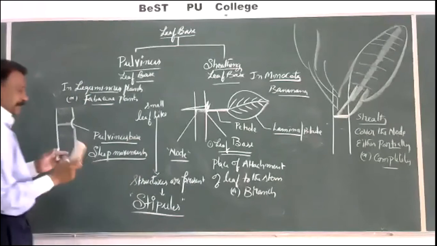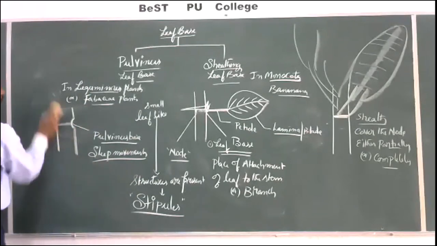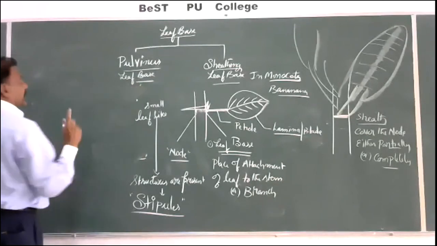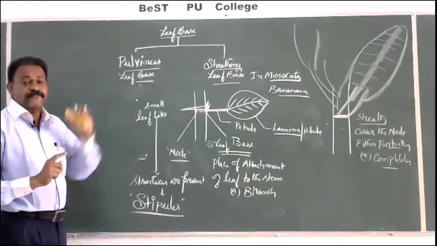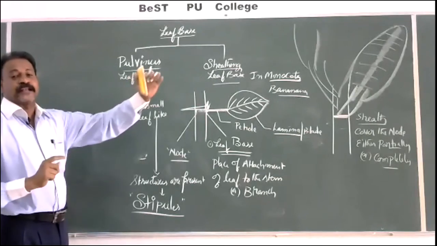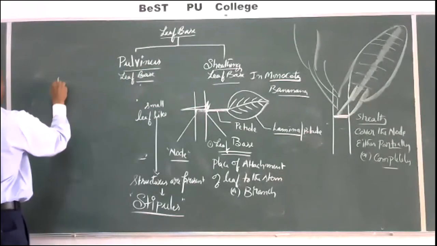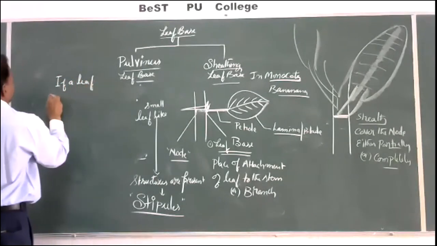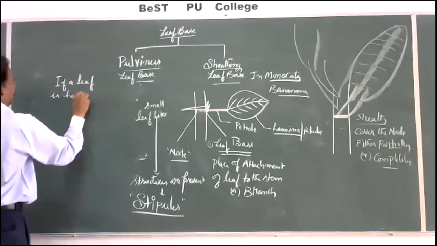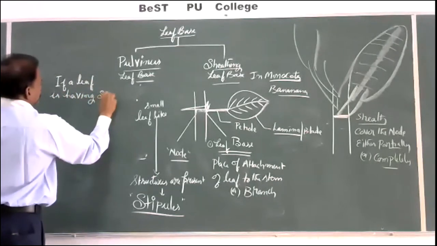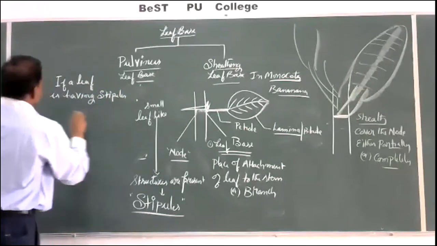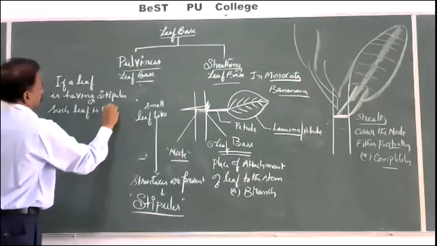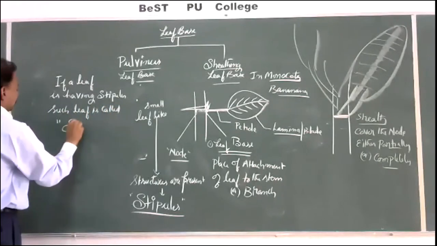So if stipules are present in the plant, such a leaf is called stipulate leaf. Direct question. One of the following is correct for stipulate leaf. In which plant stipulate leaves are found? If a leaf is having stipules, such leaf is called stipulate leaf.